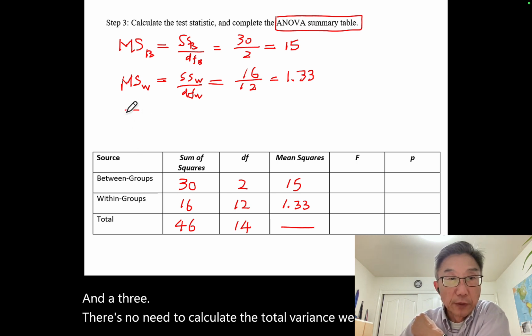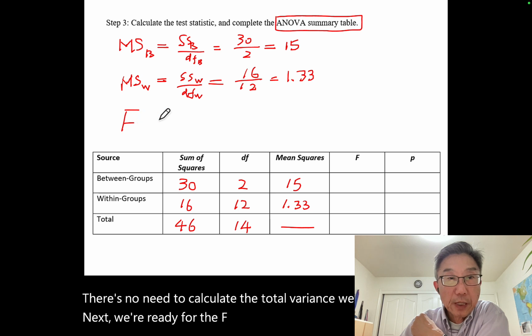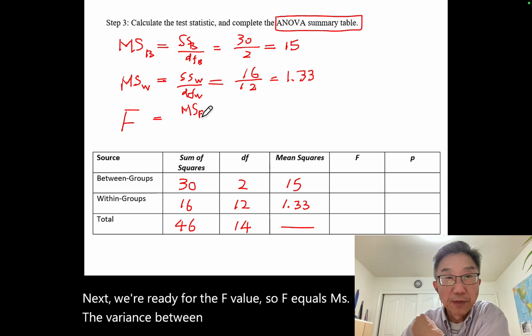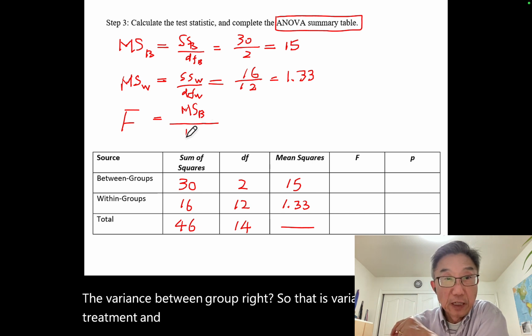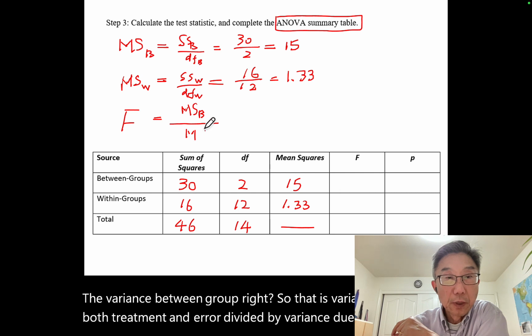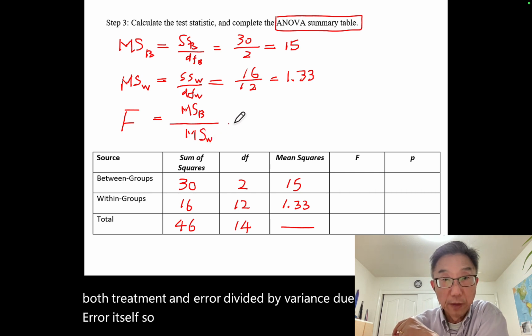Next, we're ready for the F value. So F equals MS between, the variance between groups, that is variance caused by both treatment and error, divided by variance due to error itself, that's MS within.